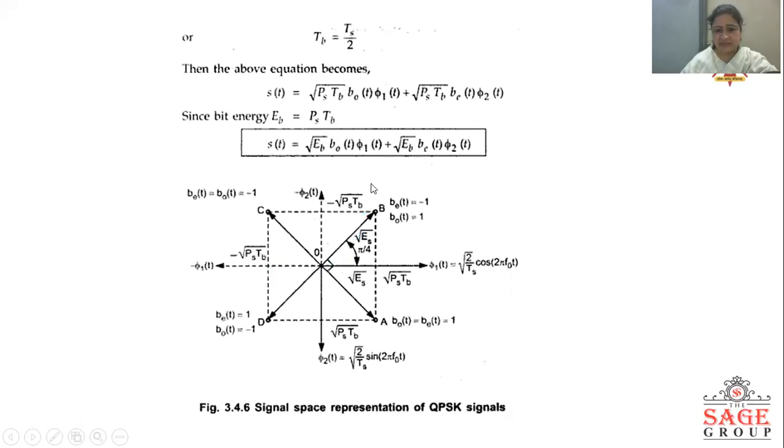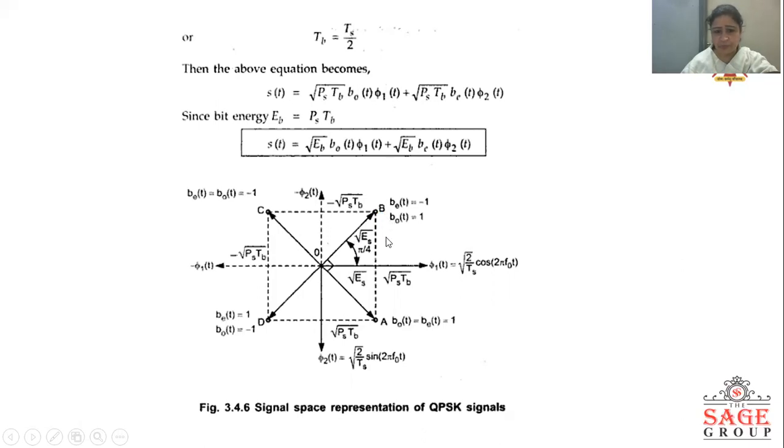Now I'll take the resultant because these are two vectors, phi 1(t) and phi 2(t). According to the parallelogram law of addition of vectors, the resultant is given by the diagonal of this parallelogram. So the signal point will be represented by point B, at distance OB from the origin.